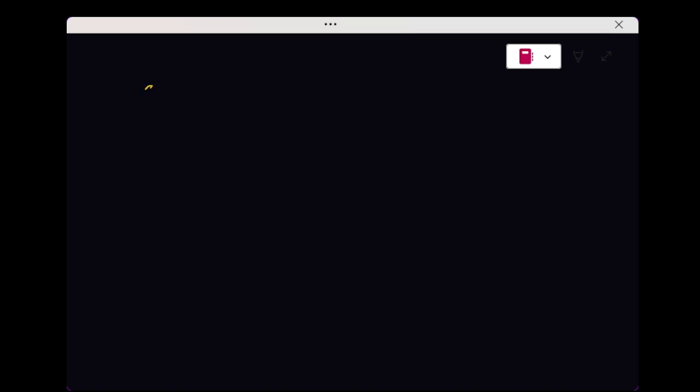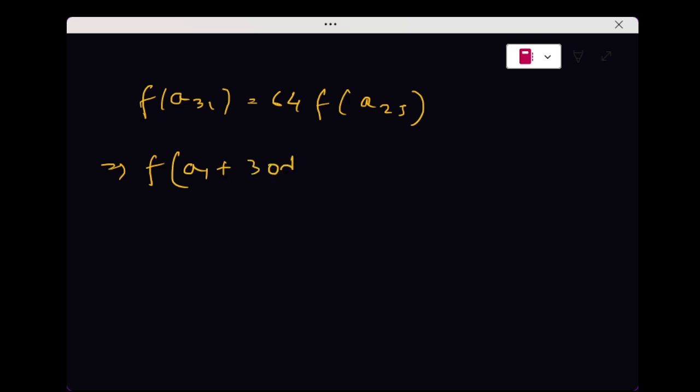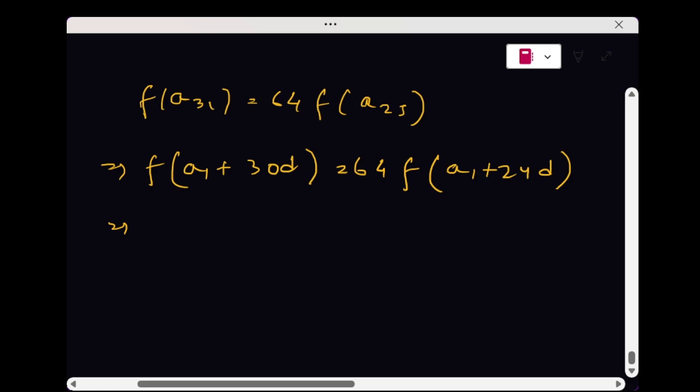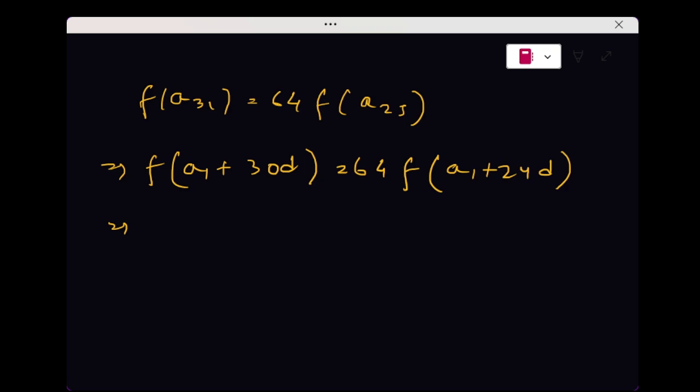Now we have the condition f(a31) equal to 64 times f(a25), right? So we can write a31 in this way: a1 plus 30d, and a25 in this way: a1 plus 24d. So we have the result f(x+y) is equal to f(x) into f(y).